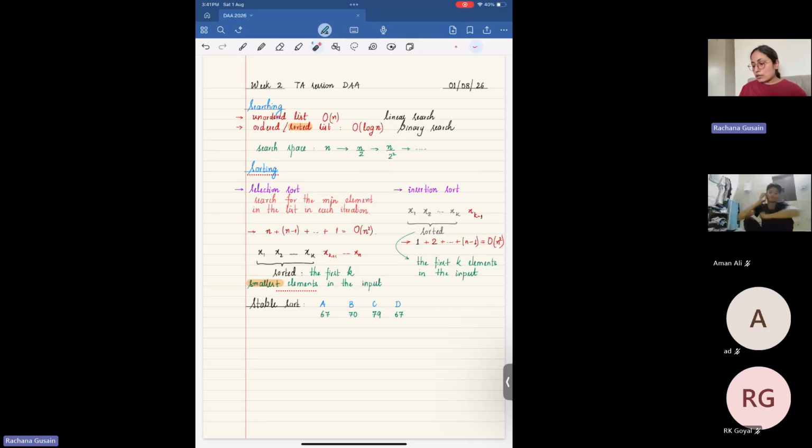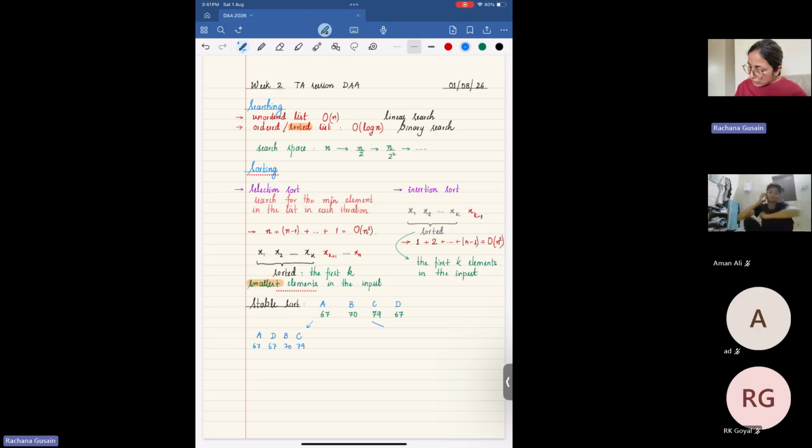Now I want to sort this list by the marks. Then I can have two sorted lists, right? One is A first, D, B, and C, and their respective marks are 67, 67, 70, and 79.